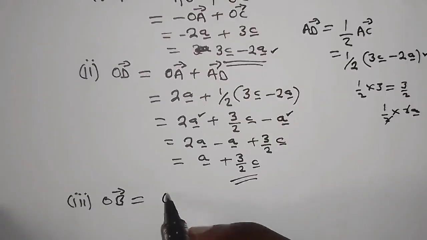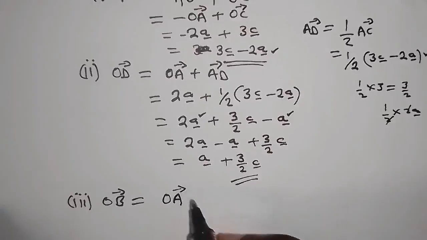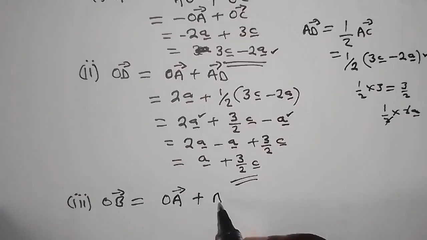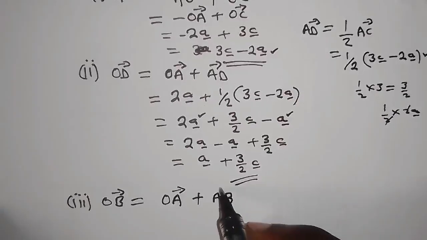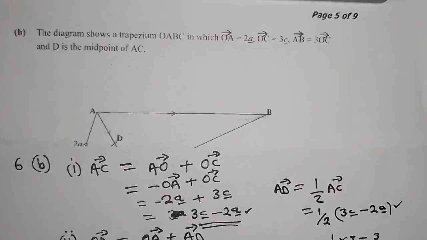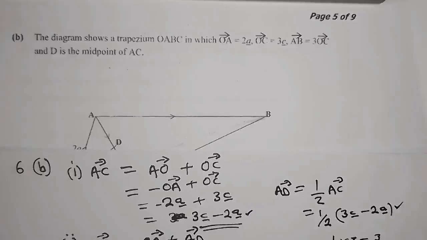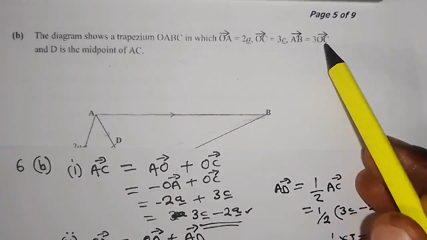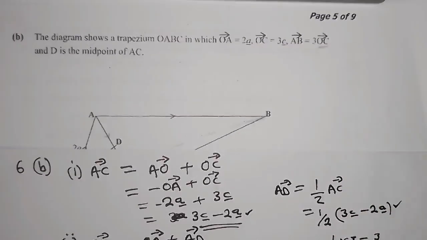So OB equals OA plus AB. Now you have to pay attention to the key point that vector AB is this.